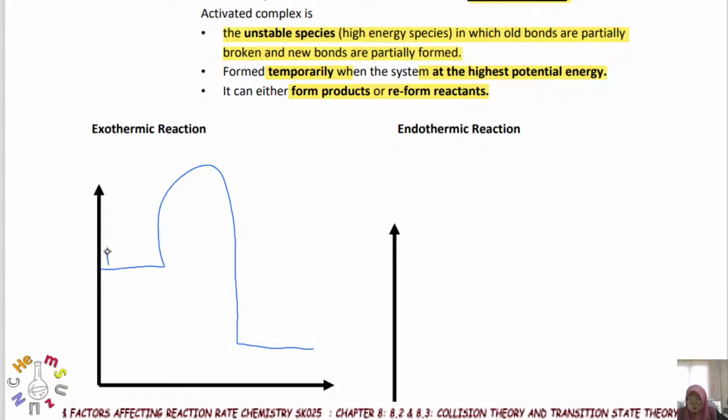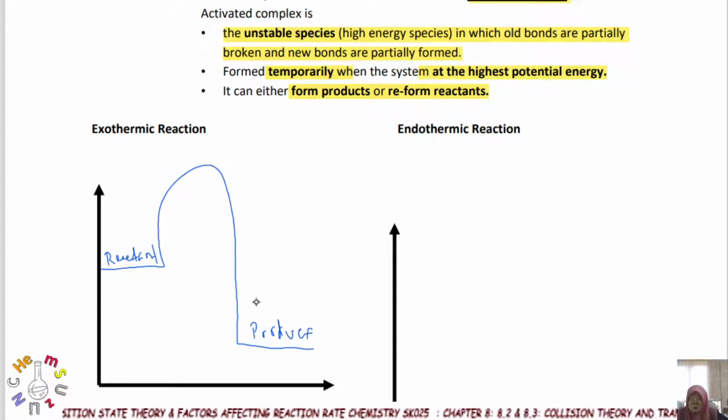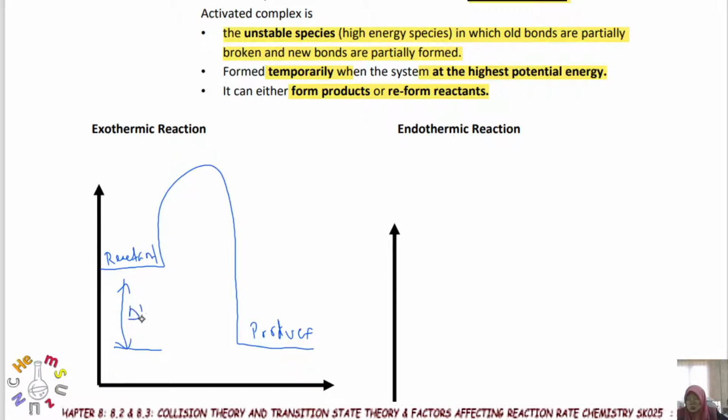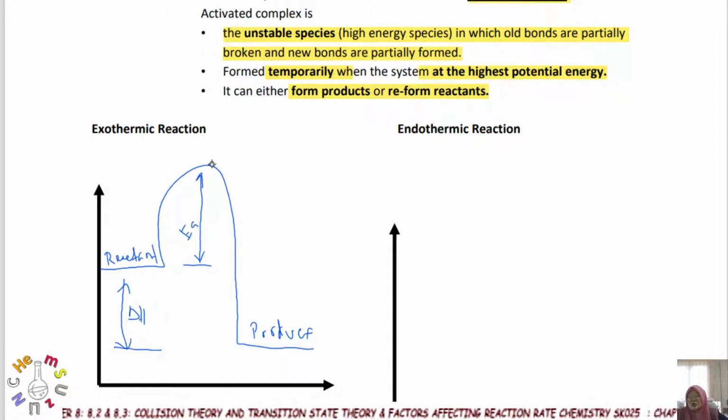So this is reactant. Ini adalah product. Okay. So here is delta H and here is EA.